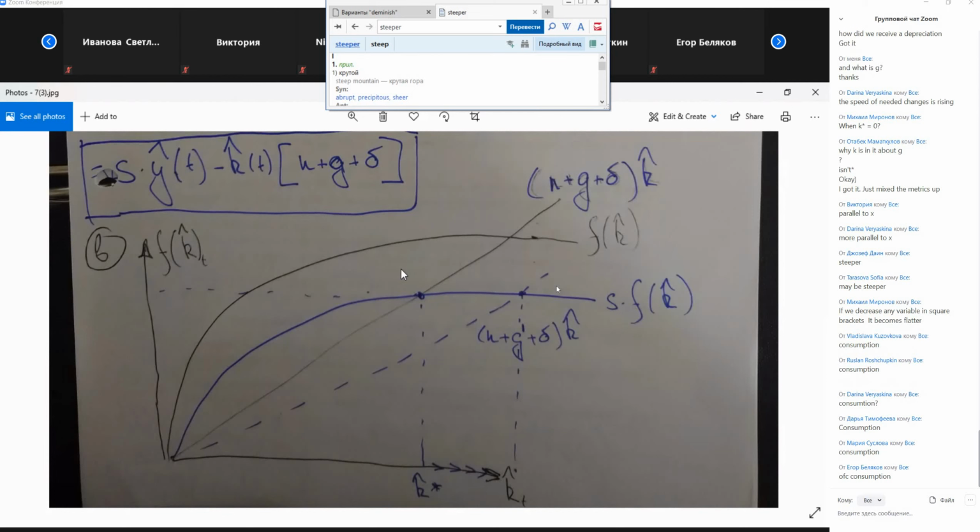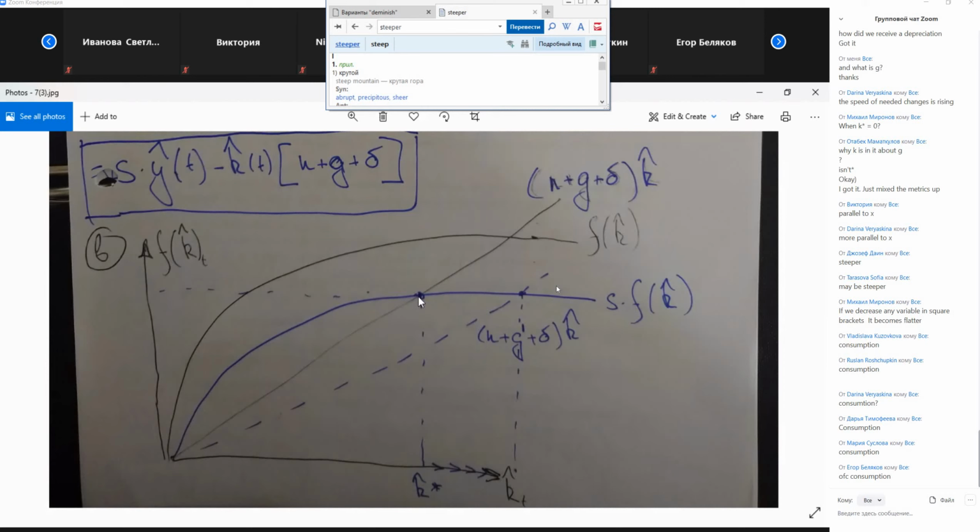And here we can see what happens to our k dot on different sides. We know that this intersection here is the steady state, where savings and investment are equal to capital depletion.